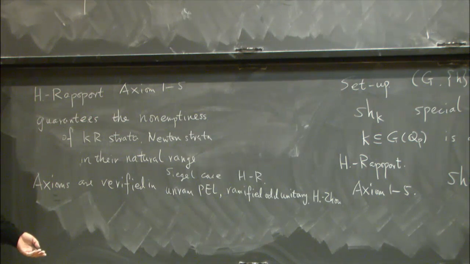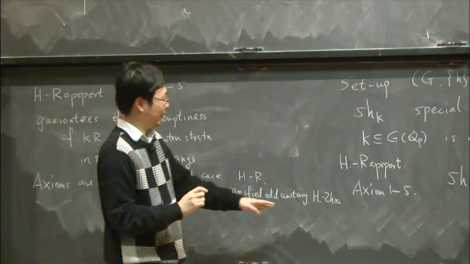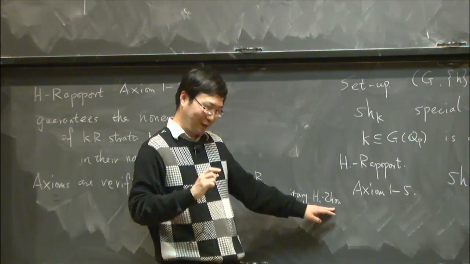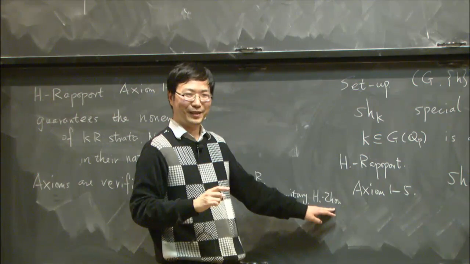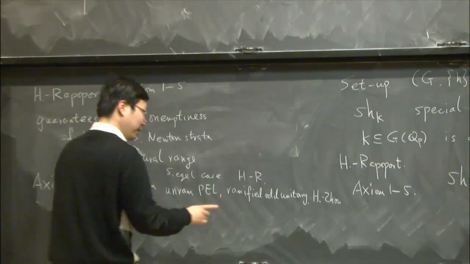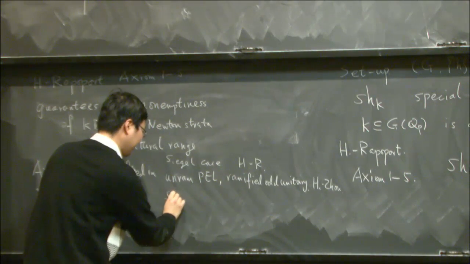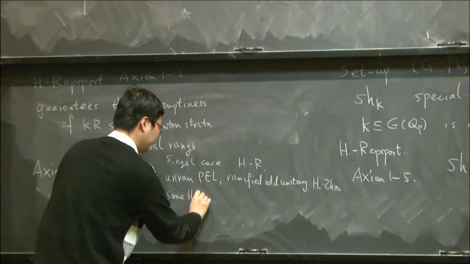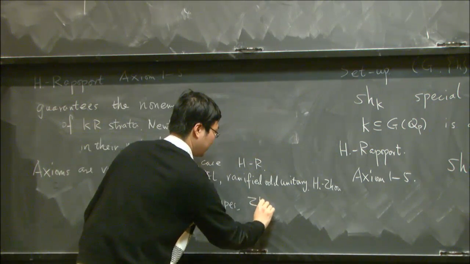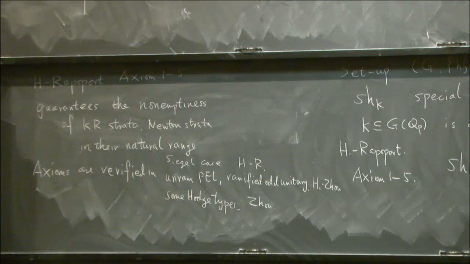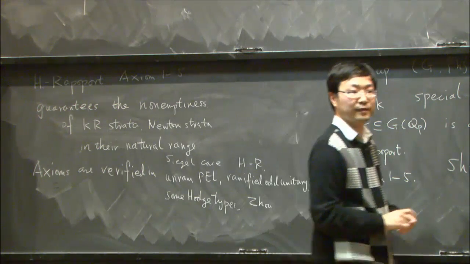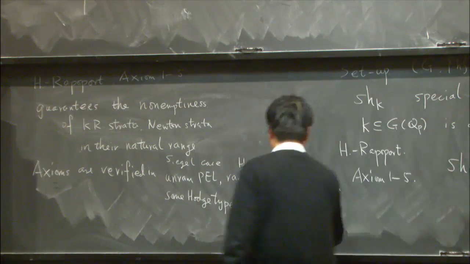He's a student of Kisin, and if I note correctly, he will be a member of the institute starting from the fall. And also, he verified for some Hodge types. This is a work in progress in this case.